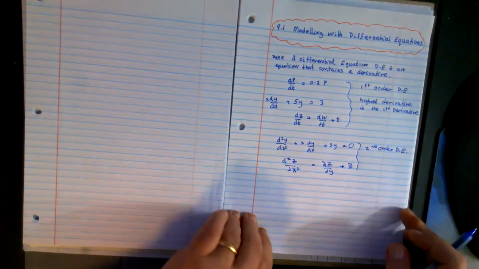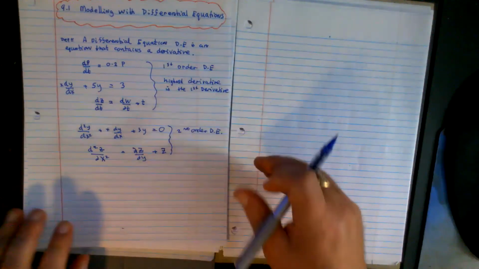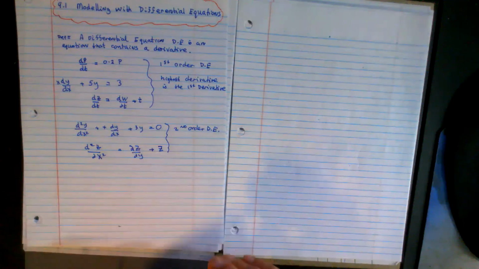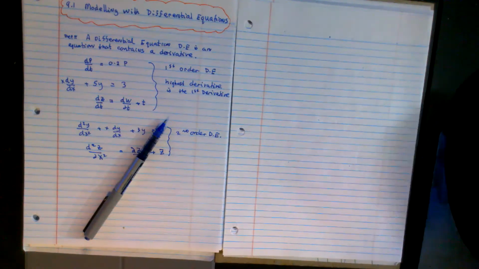So that's the kind of intro. Let's see where we're going to go now. Well, let's talk about how you can create a differential equation. To do that, we need to think a little bit about the way that we describe relationships.